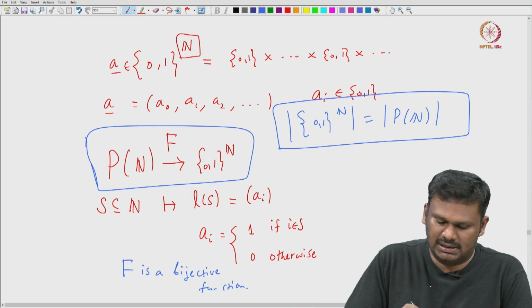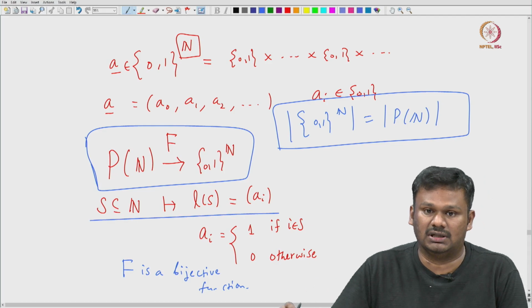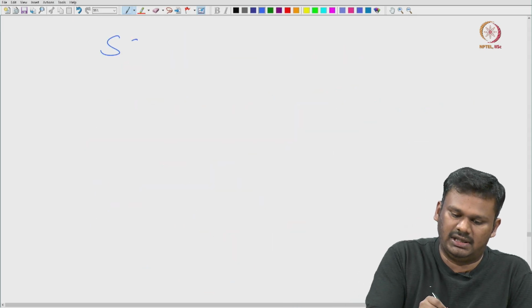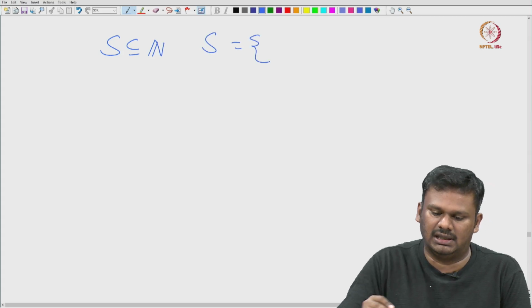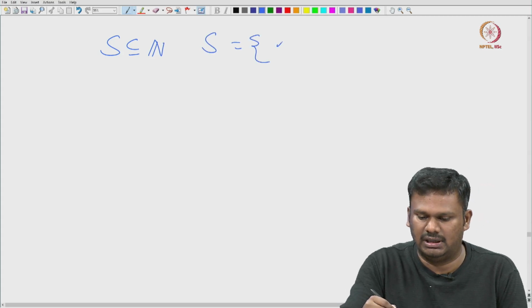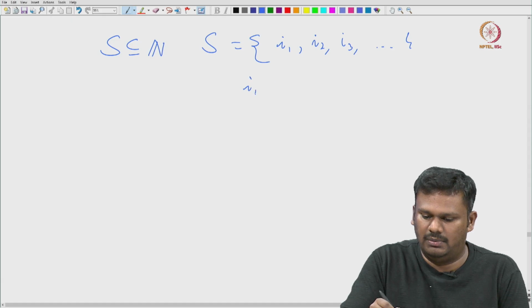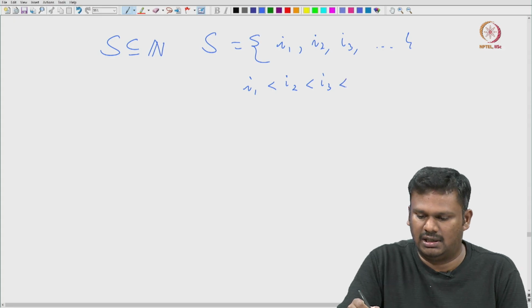Okay, so let us verify the details of why this is indeed a bijective function. One way to look at it: if I start with S, which is a subset of N, then this S can be listed as i1, i2, i3 and so on, where i1 is less than i2 is less than i3, etc. Now it could be a finite set or an infinite set.